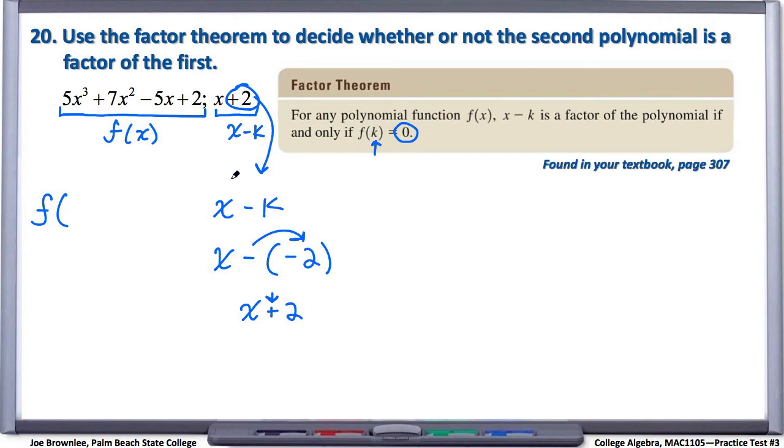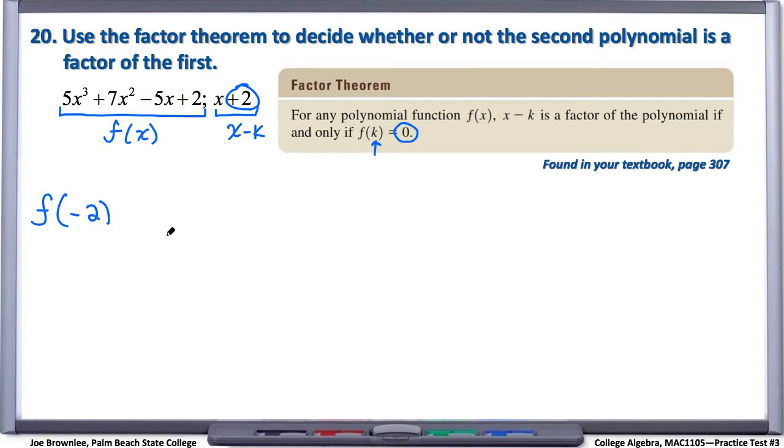Based on that, we can say that our k value is negative 2, and now when we plug in negative 2, let's see what happens. So 5 times negative 2 cubed, plus 7 times negative 2 squared, minus 5 times negative 2, plus 2. All right, let's evaluate.